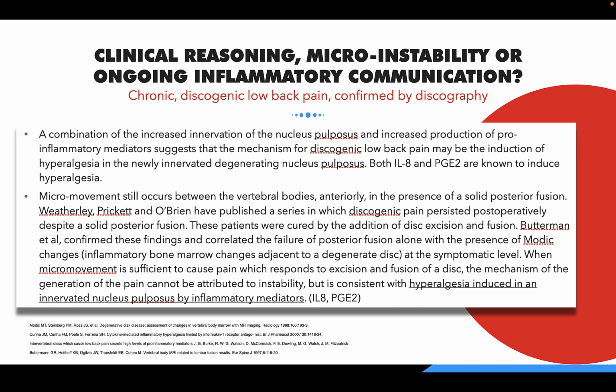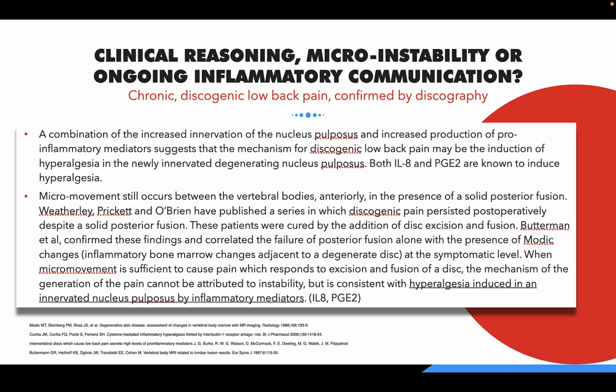So what they looked at, we know that micro movement still occurs between the vertebral bodies anteriorly in the presence of a fusion surgery. Weatherly, Prickett, and O'Brien published a series in which discogenic pain persisted postoperatively despite a solid fusion.